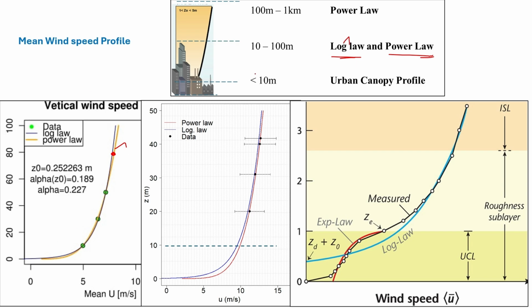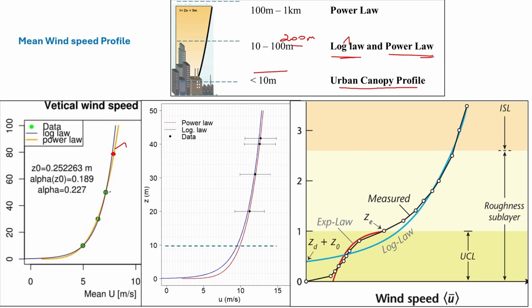So here they mention that for less than 10 meters we use the urban canopy profile, which they found has good agreement with real-time velocity data. And from 10 to 100 meters, or in some papers or books up to 200 meters, both the logarithmic law and power law give reasonable agreement with the experimental data.